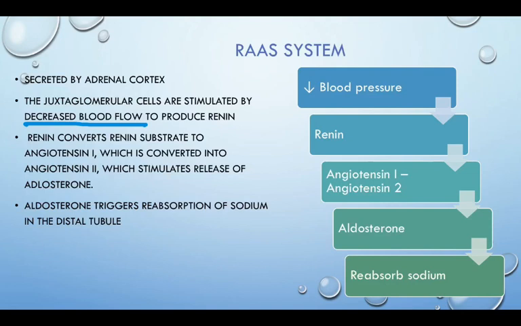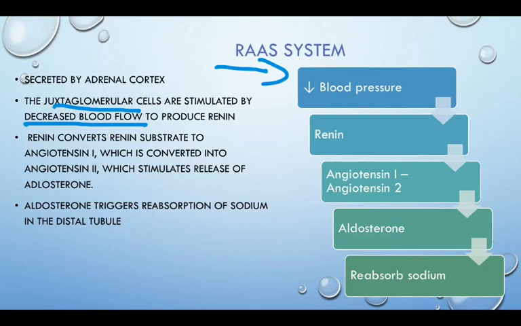I said when there's a decreased blood flow to the kidneys, the JG cells, because I can't say that word, that's juxtaglomerular cells, the JG cells are in the kidneys. Okay? And when the kidneys sense that there's a decreased blood flow, the JG cells will produce renin.